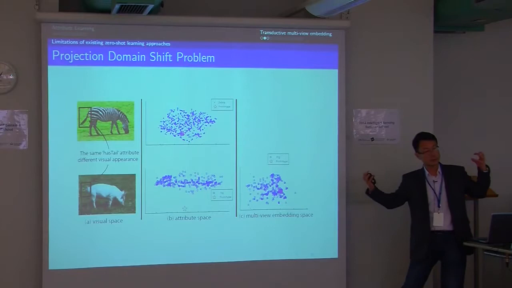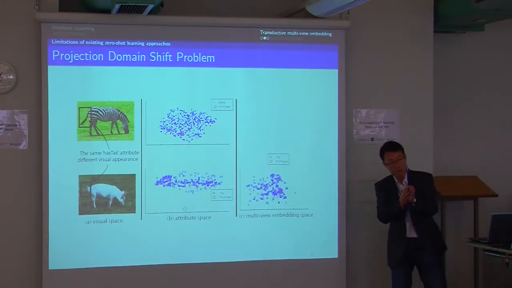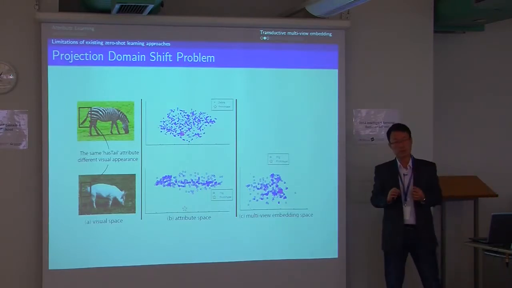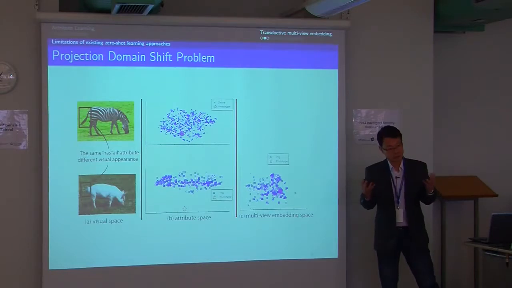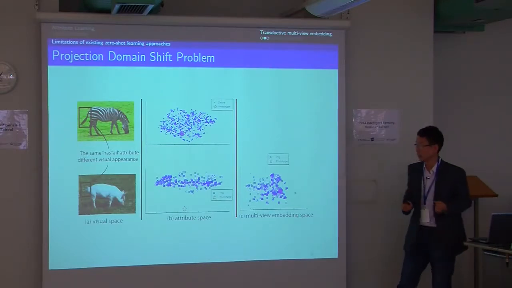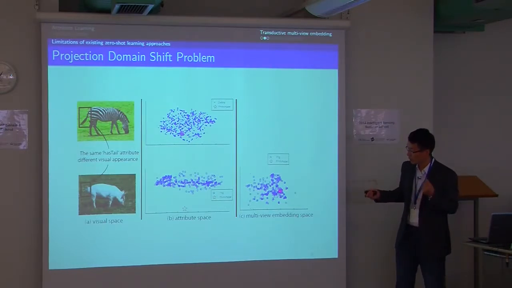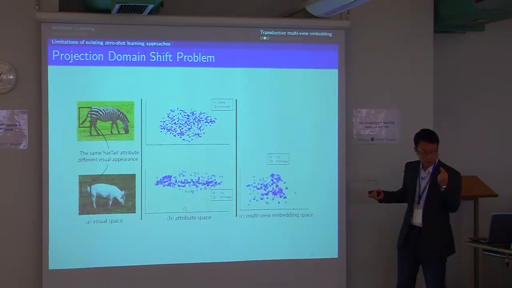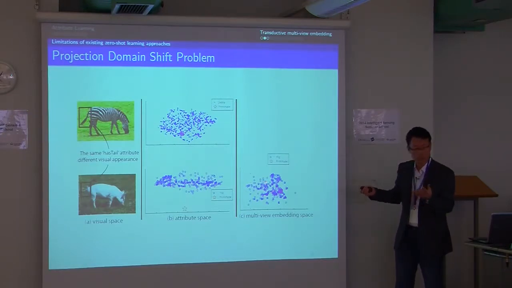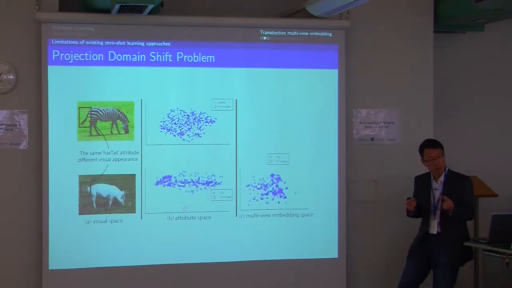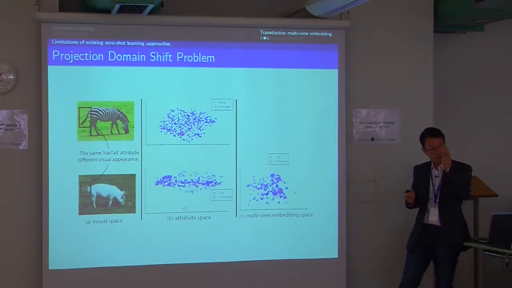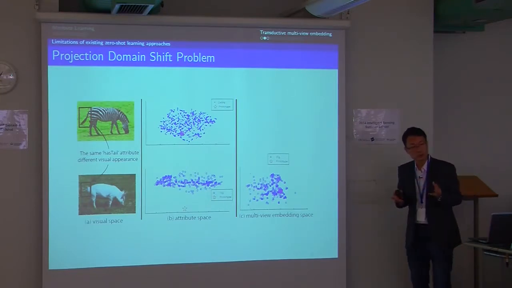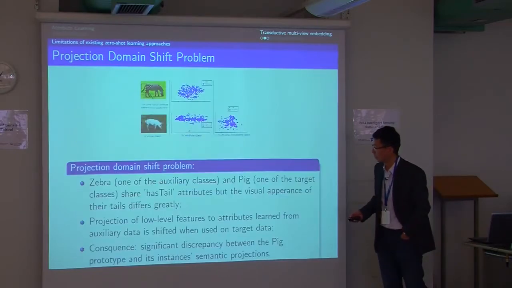Because all the images of pig have different colors, captured from different camera angles. So visually they're different. There are huge intra-class variations. And using a single prototype, which is a single point, it's very difficult to recognize all these points. So we have a sparsity of knowledge about pig. We only have a single description, which is not enough. So that's the second problem.